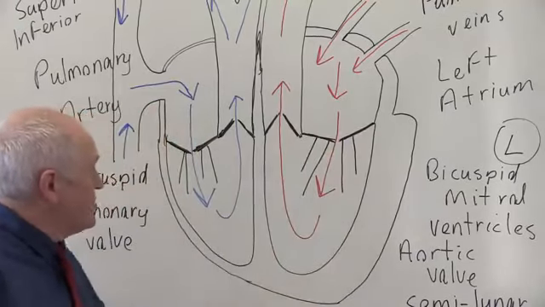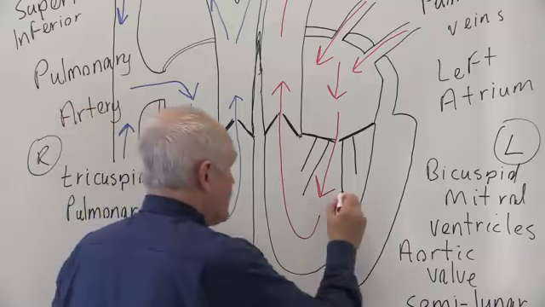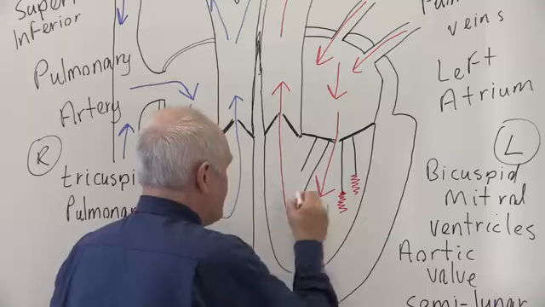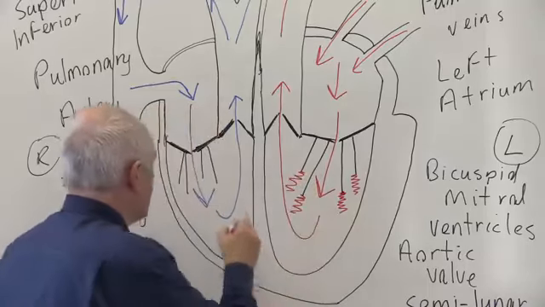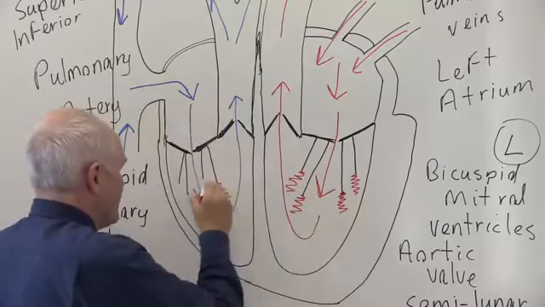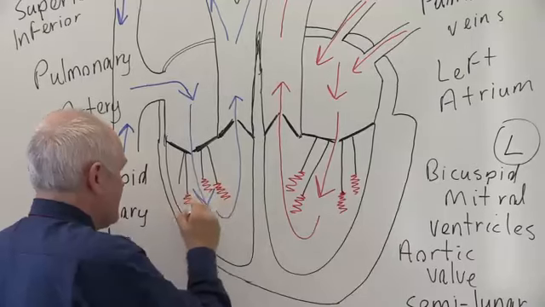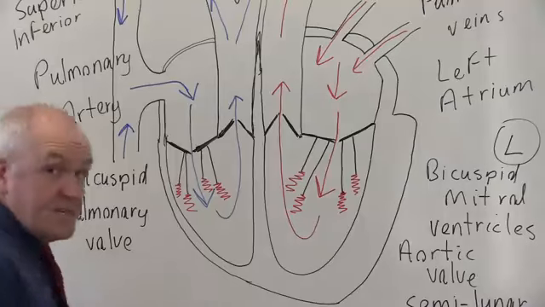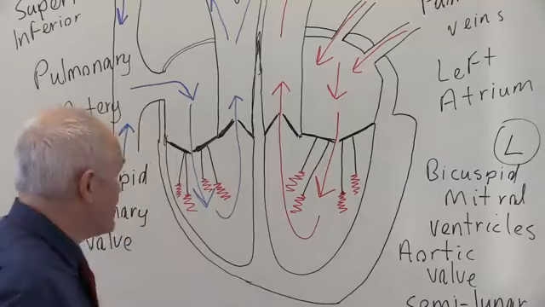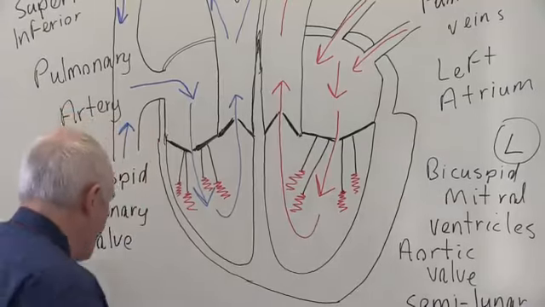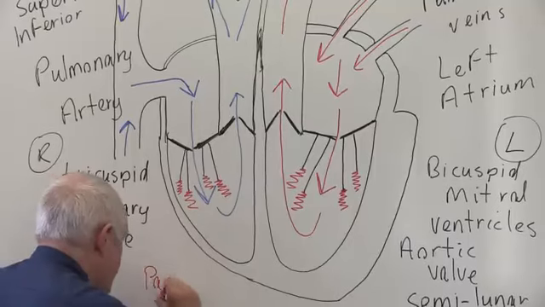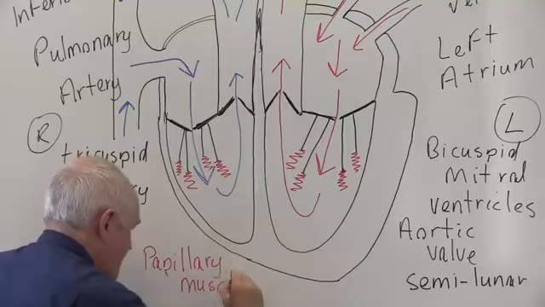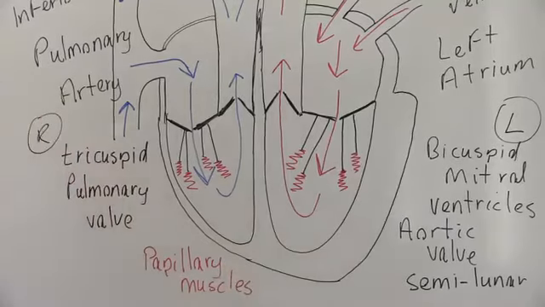These tendinous cords are rooted into the wall of the heart via specialised muscles, so that the valves can't overexpand. And these muscles that connect the tendinous cords to the wall of the heart are papillary muscles. The papillary muscles.